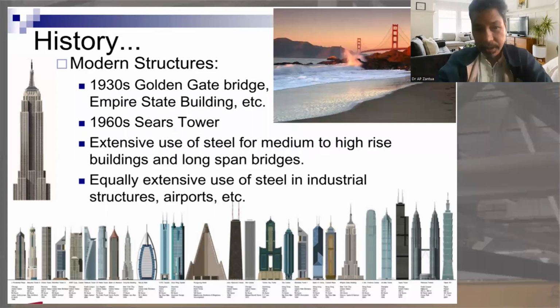In the 1960s, Sears Tower. There are so many buildings around the world. This one is the Empire State Building in New York. A building is different from a tower because buildings are designed to be occupied by people.